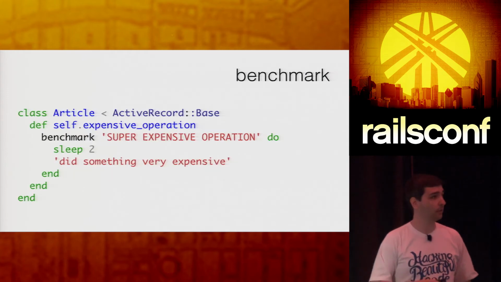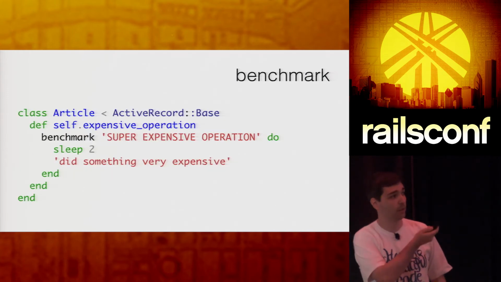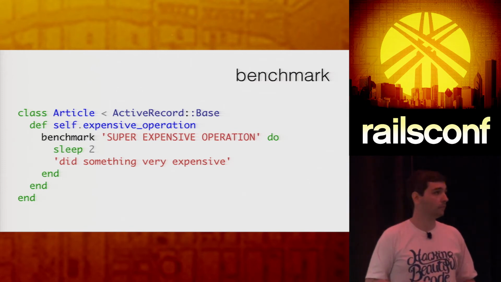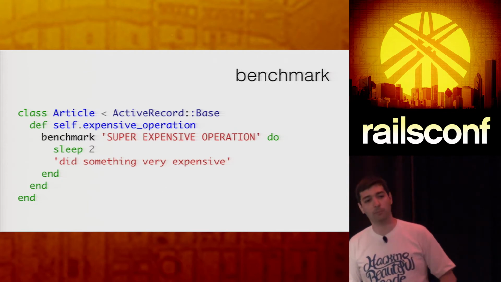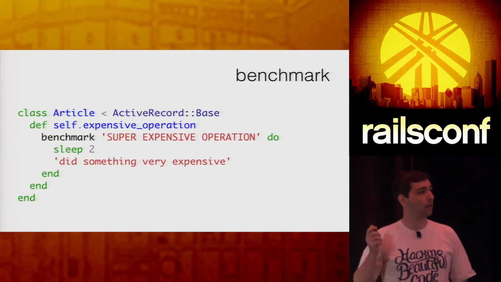So you can change your method just to add the benchmark call there, like we did here. It's a class method, so I could use Article.benchmark too. And you have your benchmark code in timestamp in your logs, right?